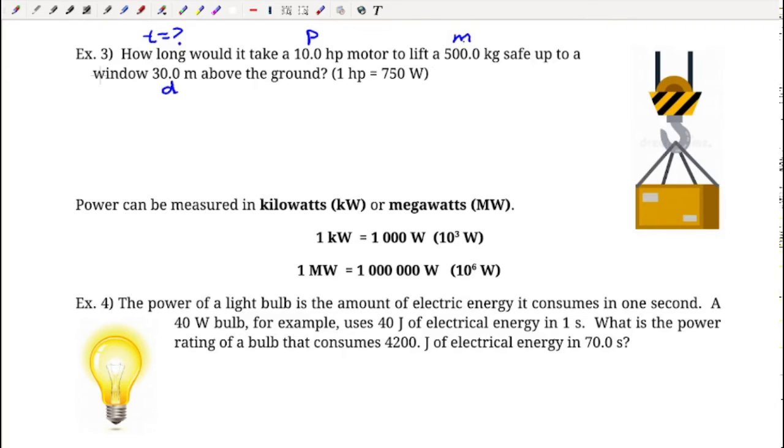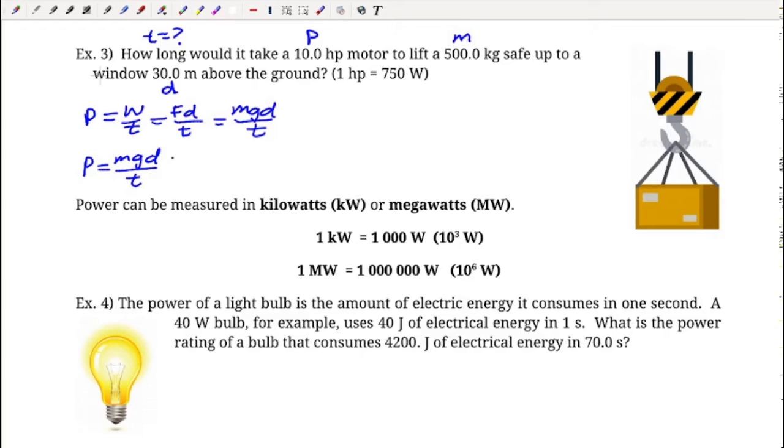So I'm going to develop my equation the same way that I did last time. I'm going to say power is work over time. Work is force times distance. We'll keep that over time. And in this case, the force we're having to overcome is gravity. So I'm going to use mgd over time. And maybe I'll rewrite this down here because I'm going to need to solve this now for time. So in order to get time by itself, I need to get it off the bottom.